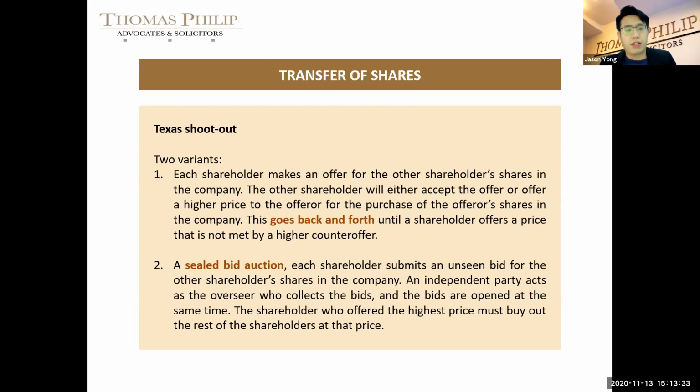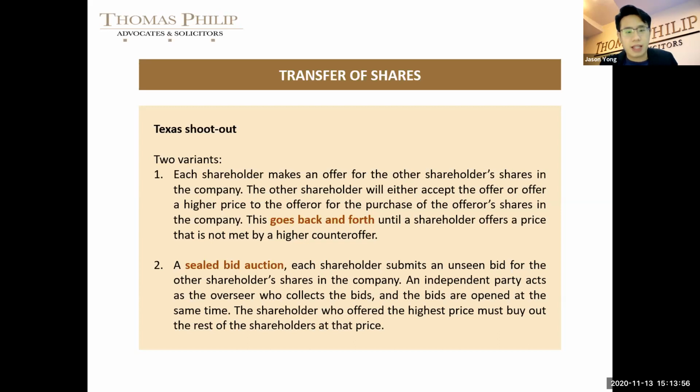Another variant is a sealed bid auction. What happens here is that each shareholder will submit an unseen bid for the other shareholder's shares in the company. So what I will do is I will say, okay, I will bid to buy your shares in the company for, let's say, 100 ringgit. Okay, and then the other shareholder will do the same.